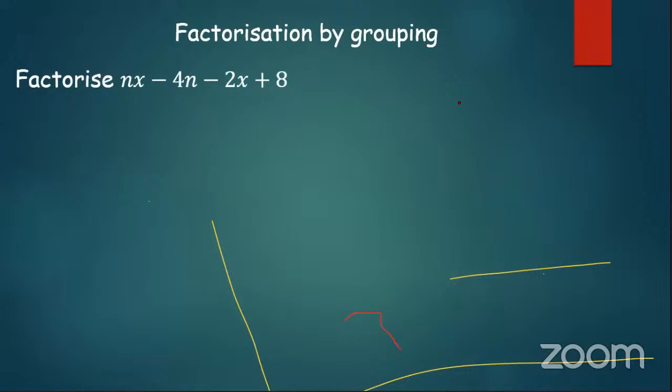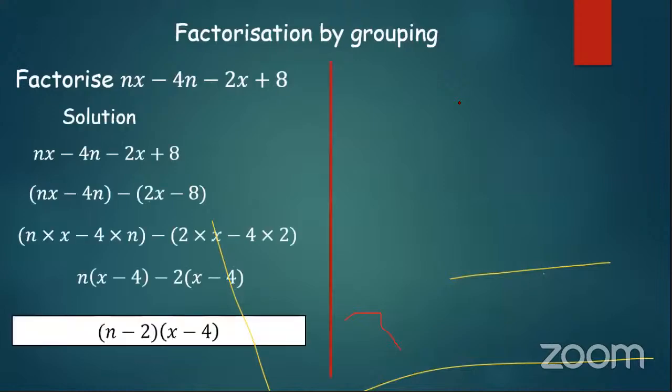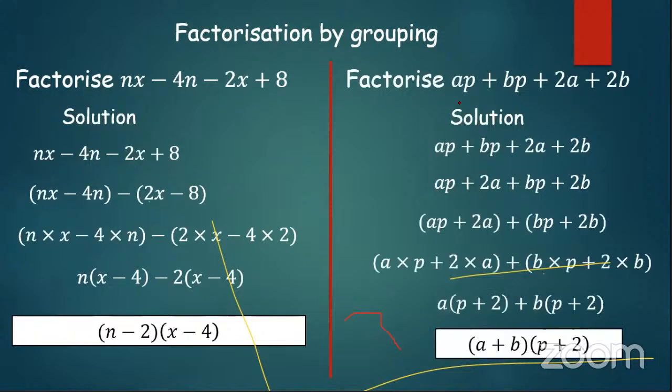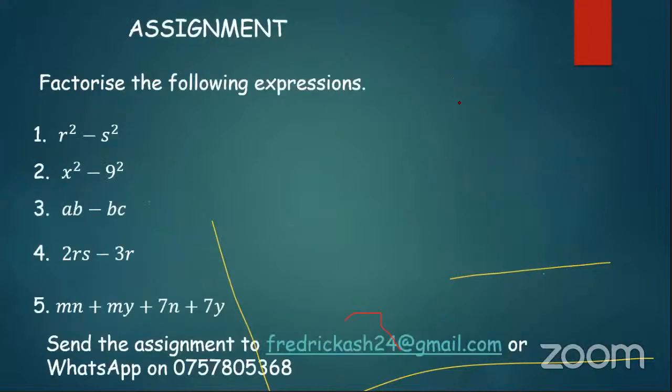Because of time, you are going to factorize this in your books as an assignment. But the answer is there. So you'll go through it, please, and also go through this second one here. Then you do this assignment.